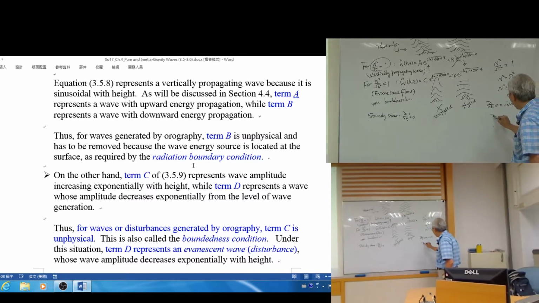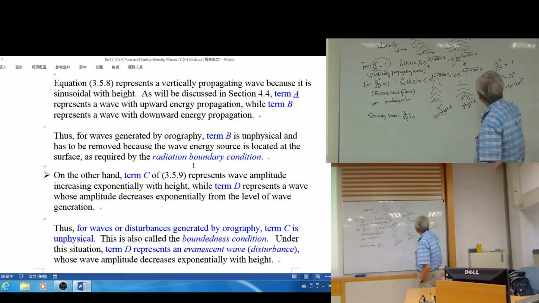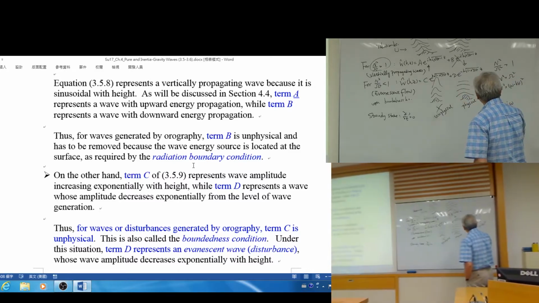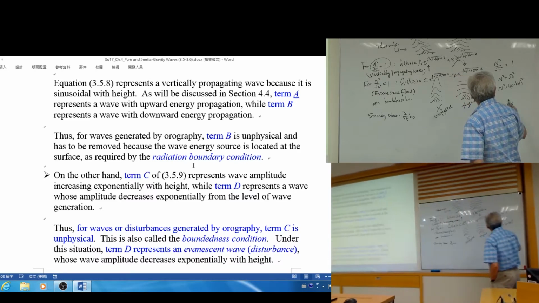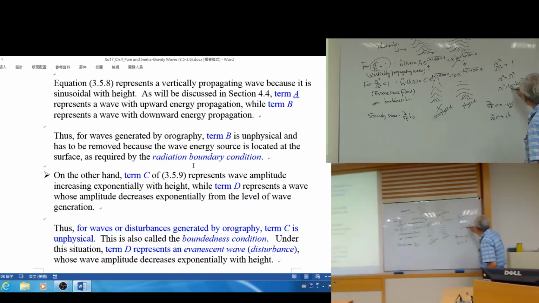Partial x corresponds to ik. So that means omega will be 0, so this term becomes 0.